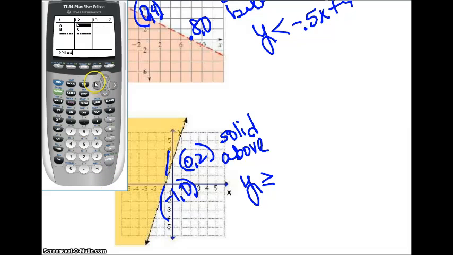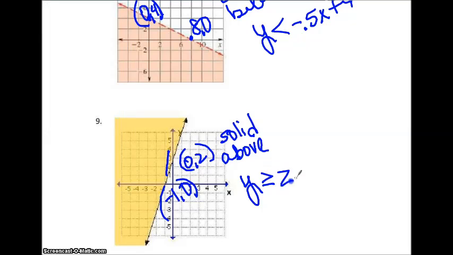Go to edit, and we're going to have 0 and -1 for our x values. And we're going to have 2 and 0 for our y values. Stat, calc, 4 for linear regression, go down to calculate, press enter, and 2x plus 2 is going to be your answer.